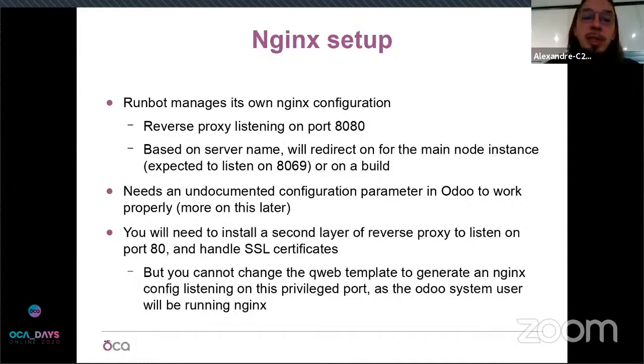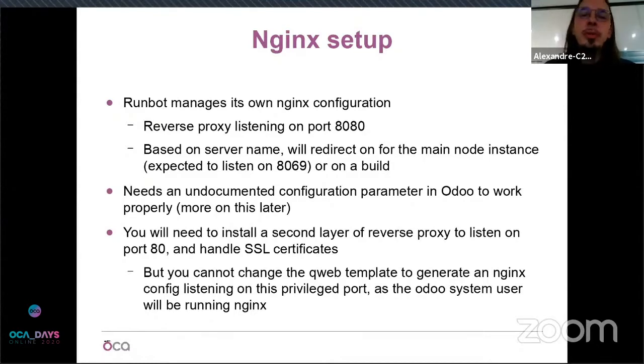What you need to do is to install a second layer of reverse proxy to listen on port 80, possibly handle SSL and HTTPS and SSL certificates. I won't go into SSL here. You have all the tutorials you want to use Let's Encrypt, for instance.